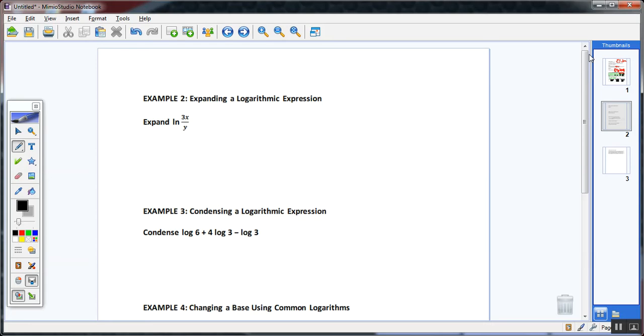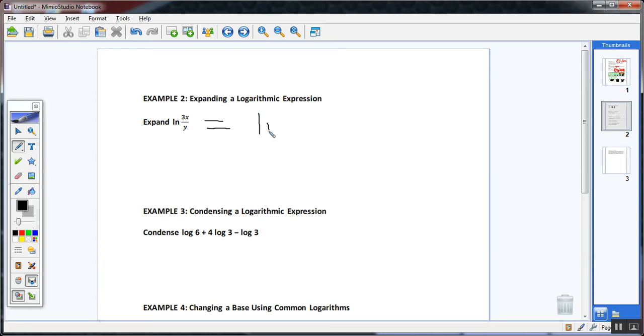Well, first of all, 3x over y. Is that a product? Is it a quotient? Or is it a power? It's a quotient. So how are you going to rewrite this? What's in my numerator? What's in the numerator here, kids?